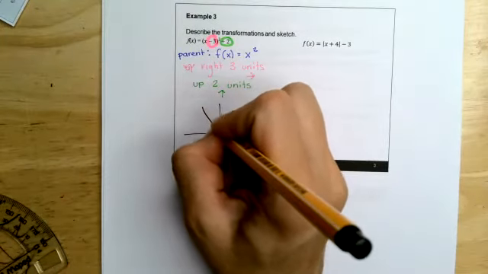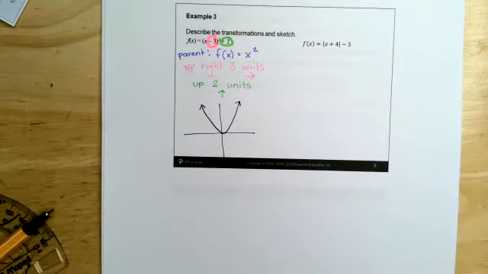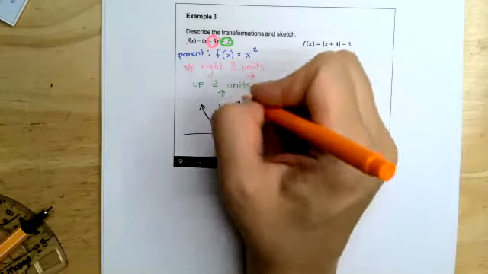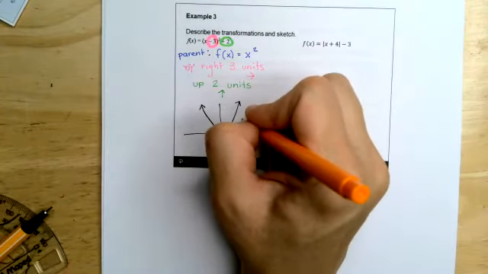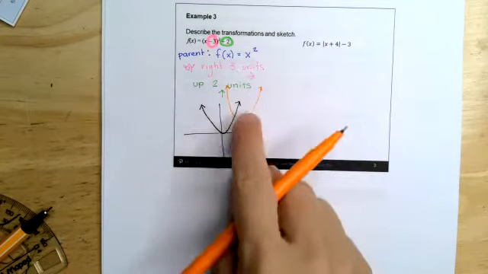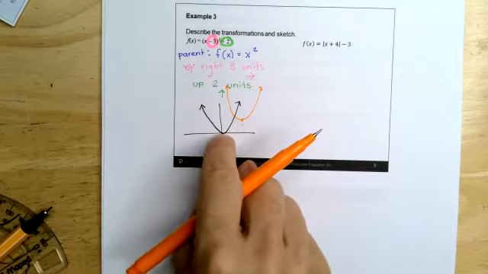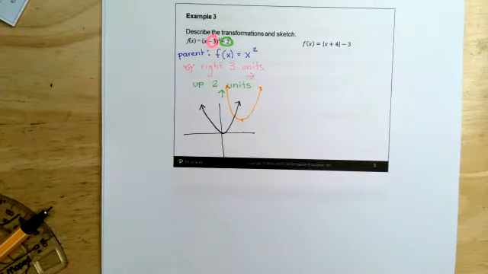X squared, we learned on Monday, it looks like this. Just roughly, assuming right 3 up 2, I'm going to start it here and follow those same rules. So you don't need to plot each point. You just need to know what this looks like, move one of its points, draw it again. Okay.